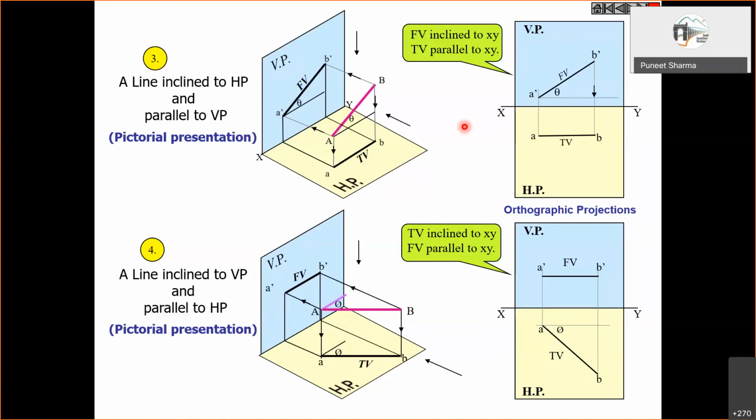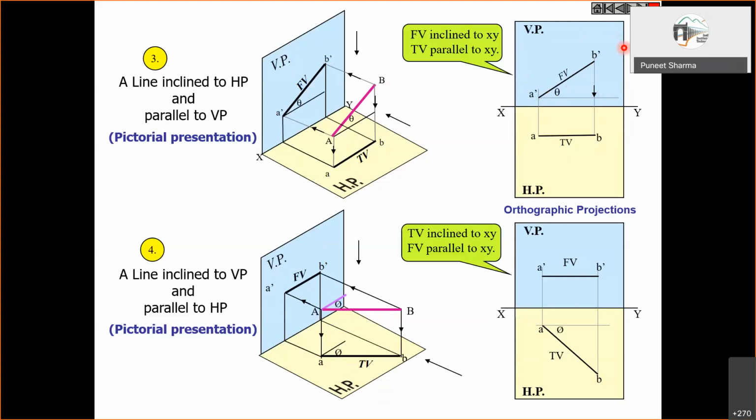Then you will consider the inclination that you will mark in the front view, because the line is parallel to the vertical plane. Then you use the true length of the line and mark it over here. Then this B dash will be located. Then this front view will be complete.